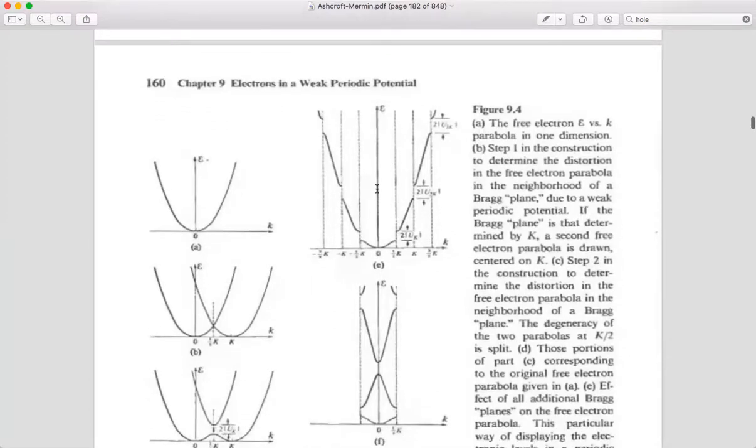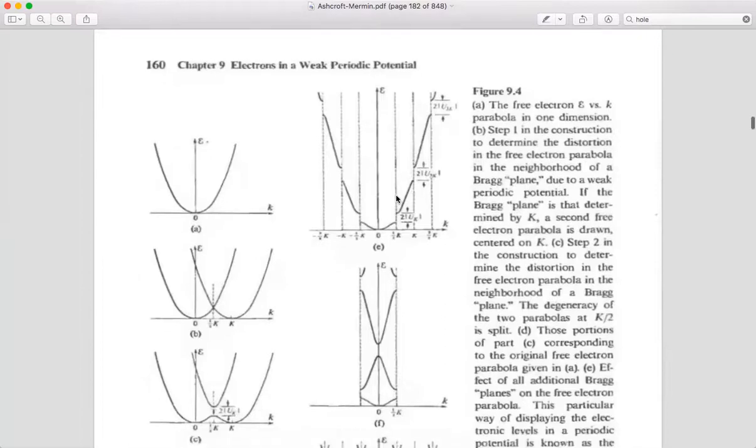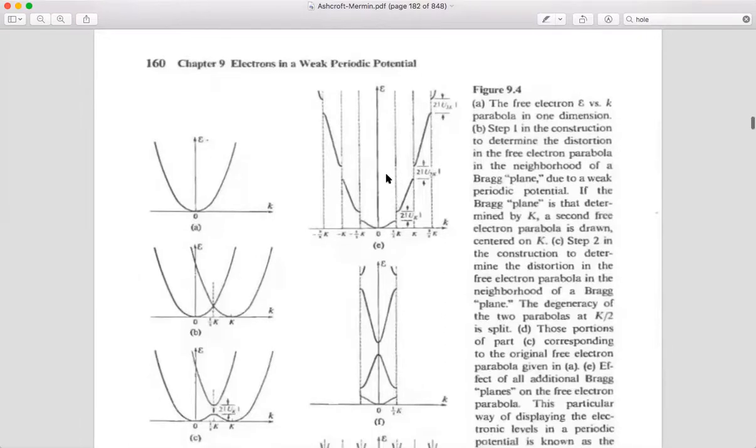But these band energies are periodic functions of the reciprocal lattice. So I can translate all these branches back into the first zone here. Remember, the Wigner-Seitz cell of the reciprocal lattice is the first Brillouin zone.